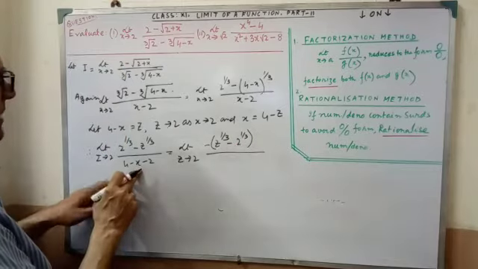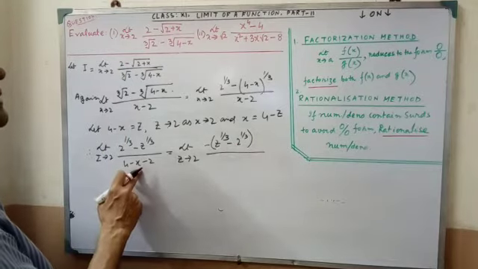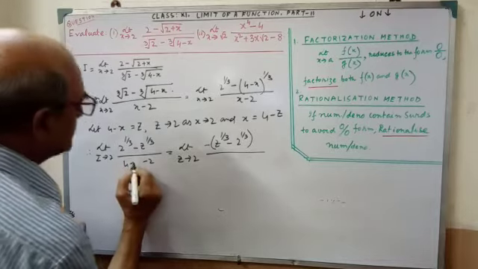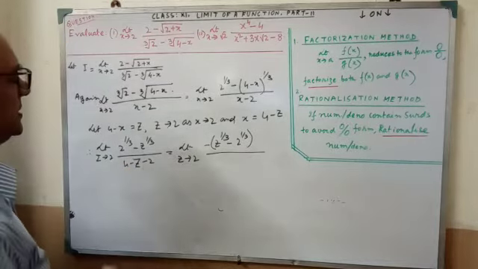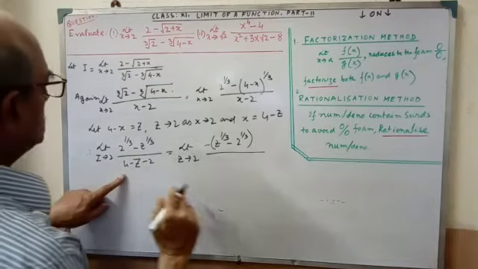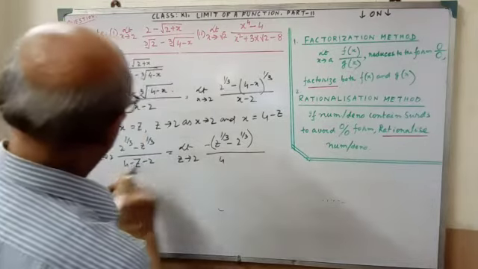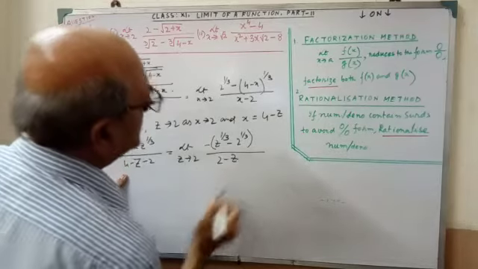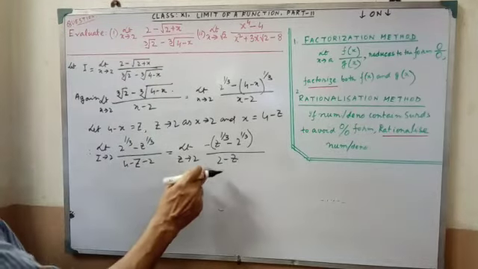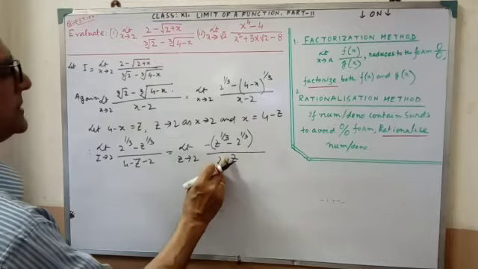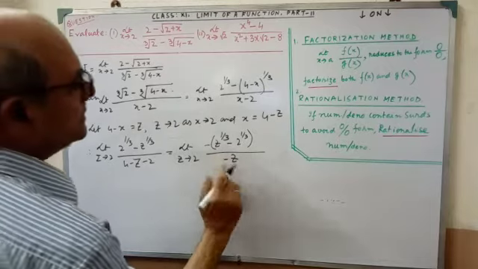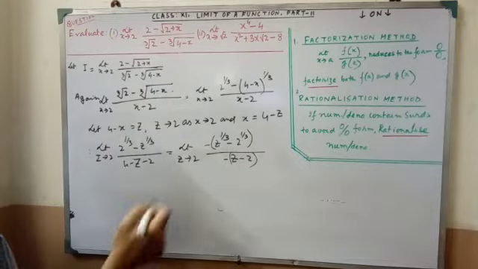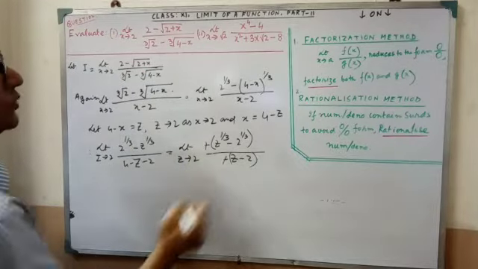Here, in place of x, 4 minus z. So 4 minus z minus 2 is 2 minus z. If you take common minus, then it will come z minus 2. Then minus minus will be cancelled.